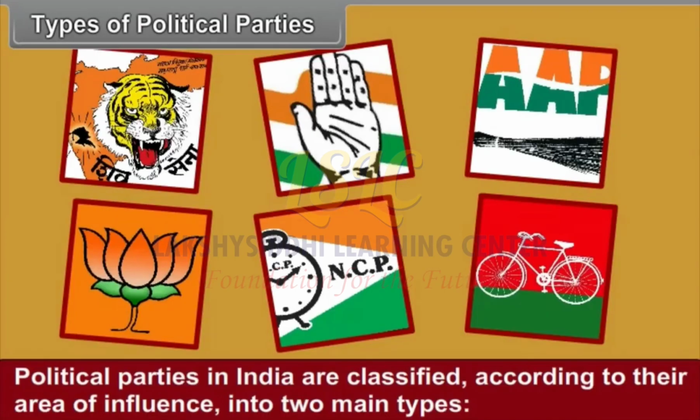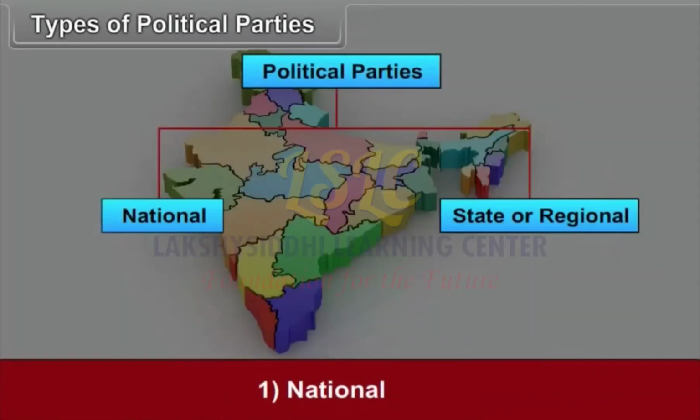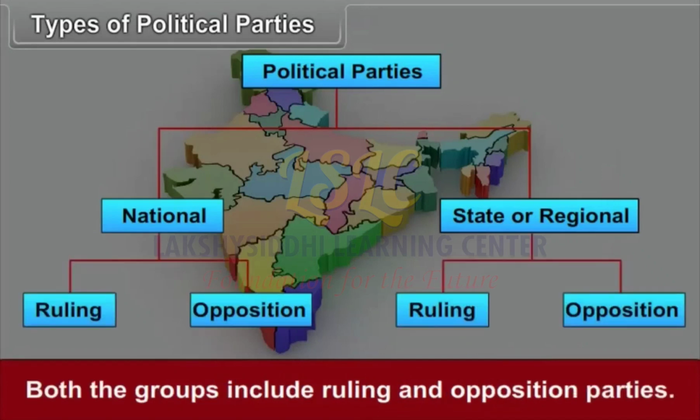Political parties in India are classified, according to their area of influence, into two main types. First, national, and second, state or regional parties. Both the groups include ruling and opposition parties.